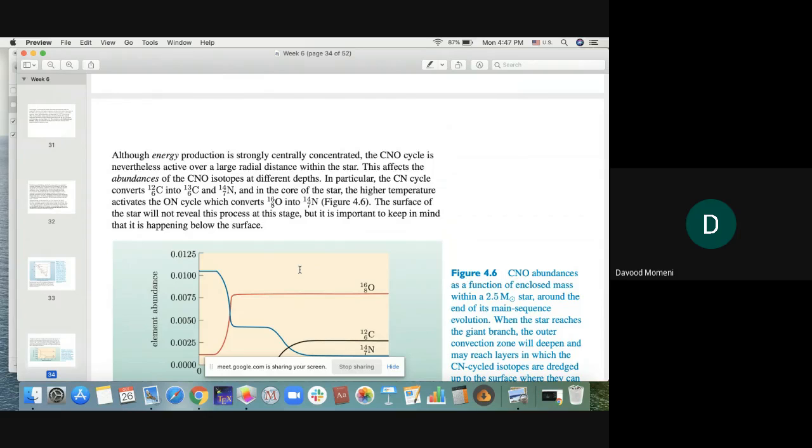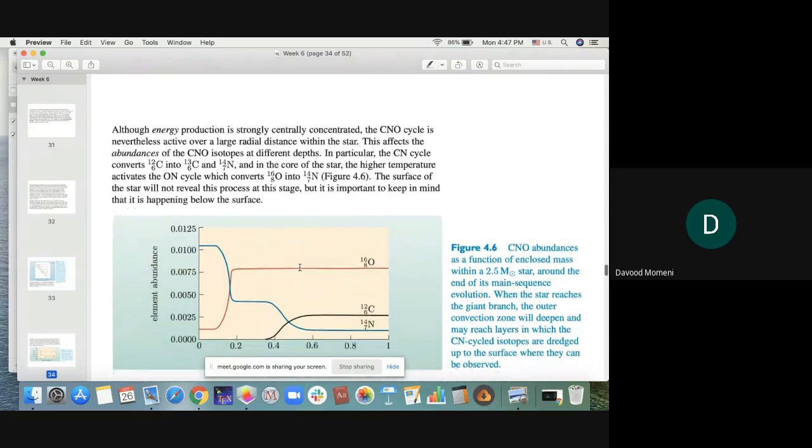Actually, what we call CNO is a cycle that converts carbon 12 to the isotope of carbon with mass 13 and to nitrogen 14. And it will happen in the star when the temperature is very much increased.